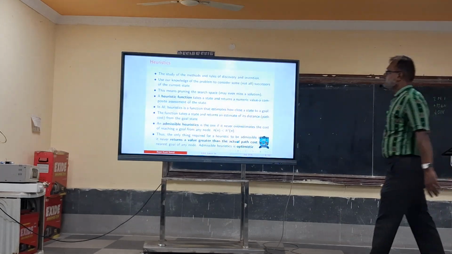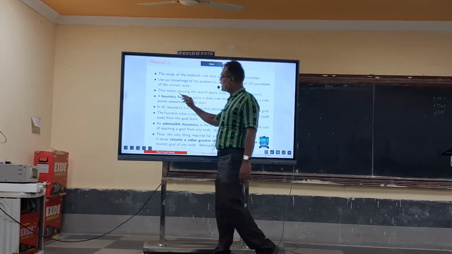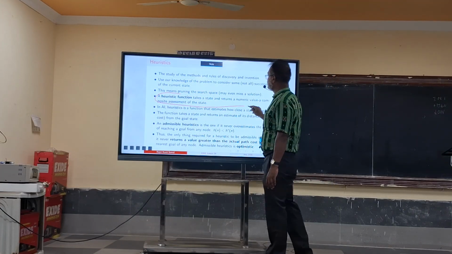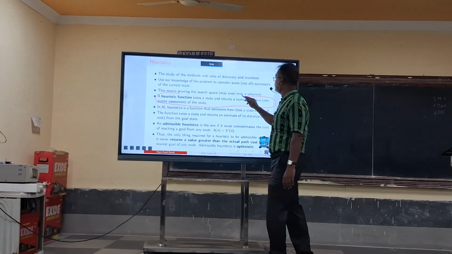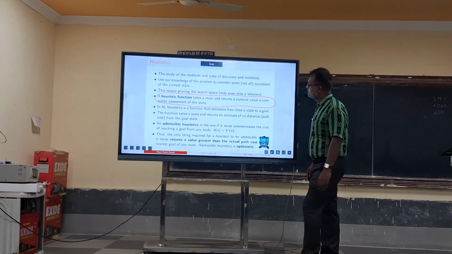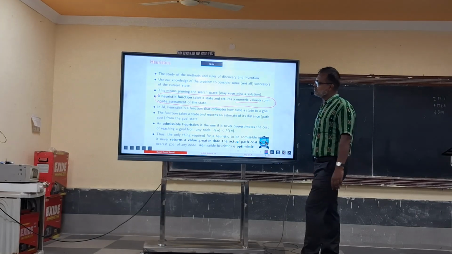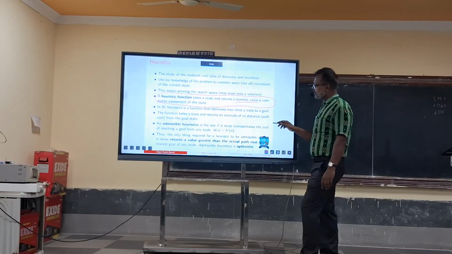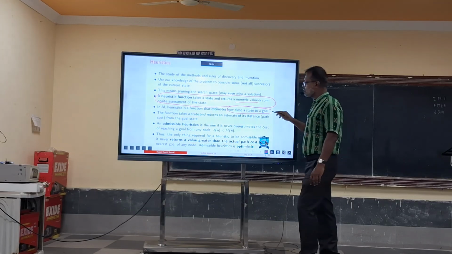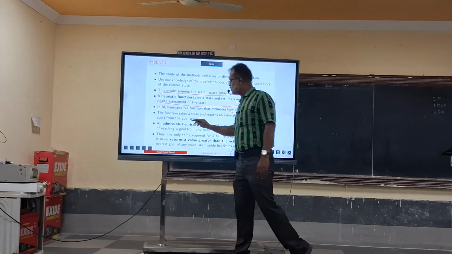Write down this heuristic function. A heuristic function takes a state and returns a numeric value, which is a composite assessment of the state. In AI, a heuristic function estimates how close a state is to a goal. The function takes a state and returns an estimate of its distance or path cost from the goal state.